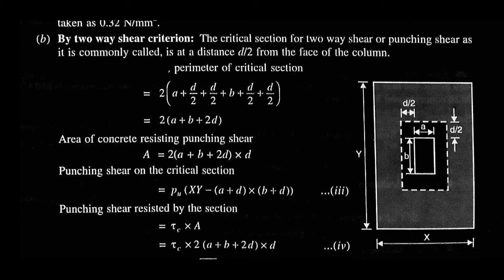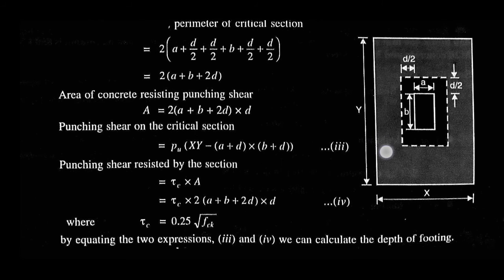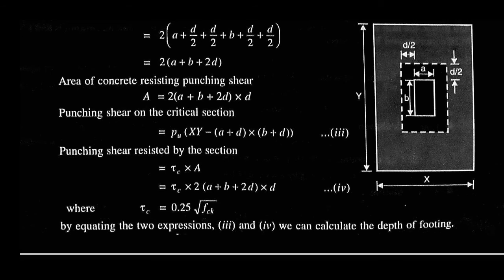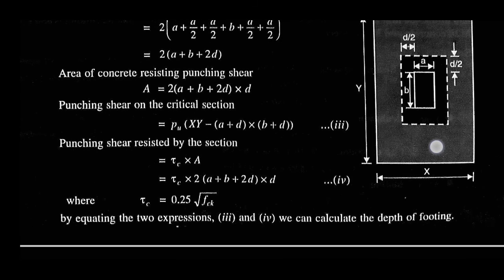So the punching shear resisted by the section is tau c into A, that is equal to tau c into 2 into (a plus b plus 2d) into d, right? So we have to equate these two equations to find out d. Here tau c is 0.25 root over fck as per IS 456:2000. Now by equating the two expressions 3 and 4, we can calculate the depth of the footing.